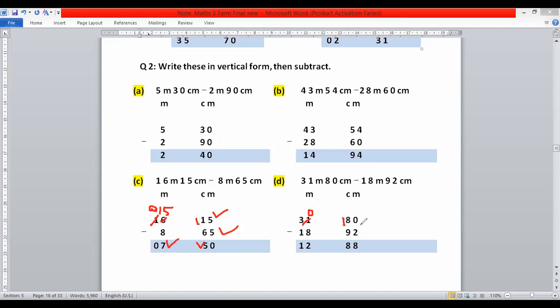You get here 18. 180 minus 92. Now again take 1 from 8, you get 7, and here you get 10. 10 minus 8, 2, and after that you get here 17. Here take 1 and you get 0 here. 17 minus 9, 8.